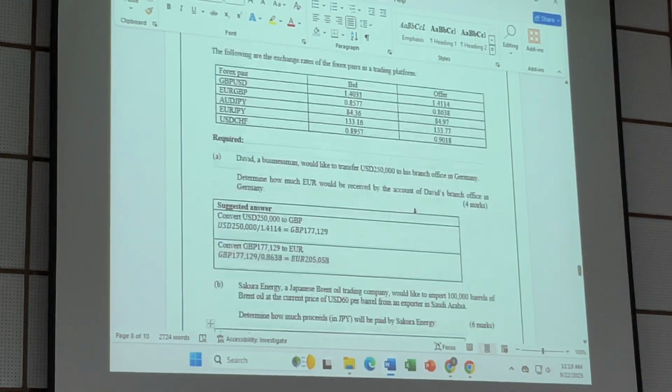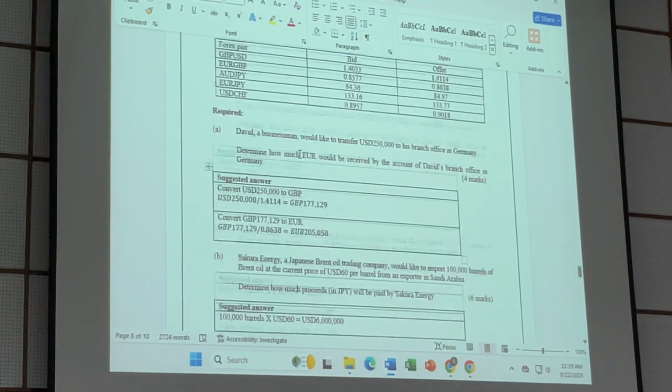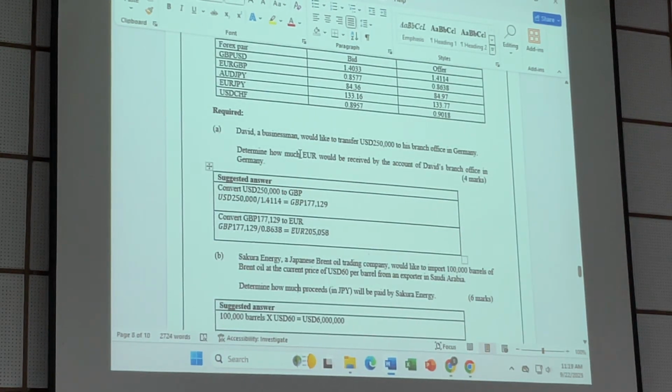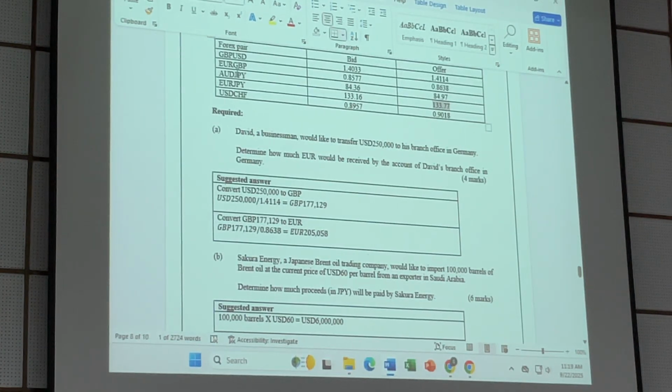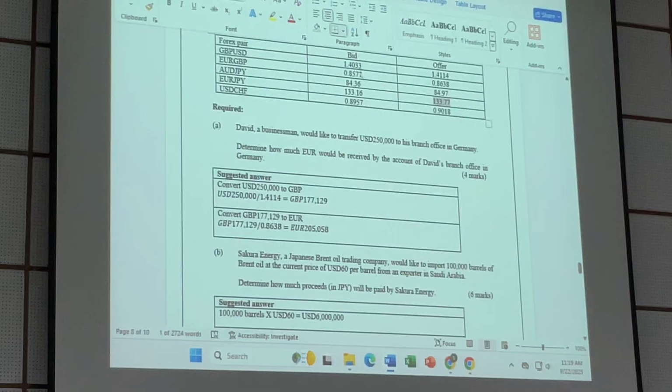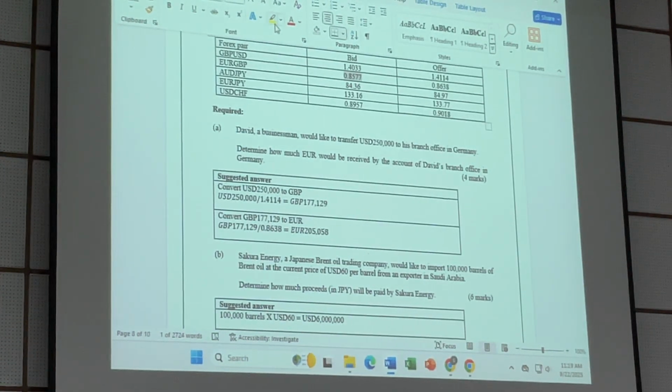Sakura Energy is Japanese. They import, so they have to pay in Japanese yen. They import, then they pay USD. So JPY to euro first, buy euro.